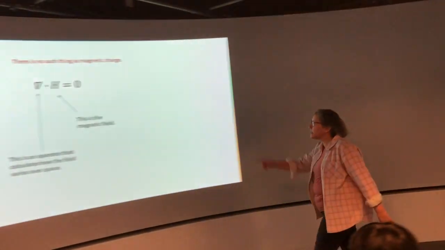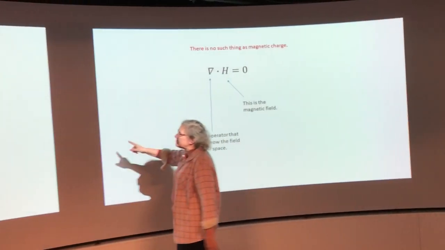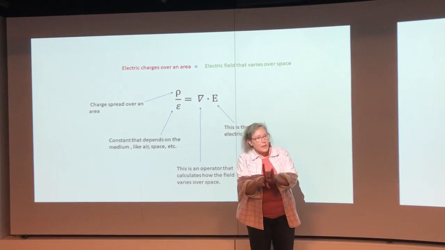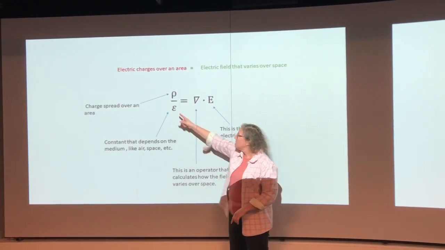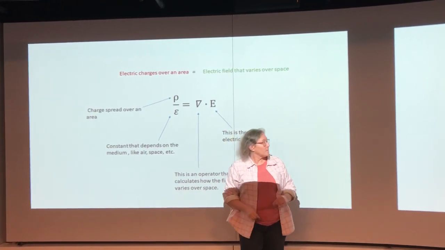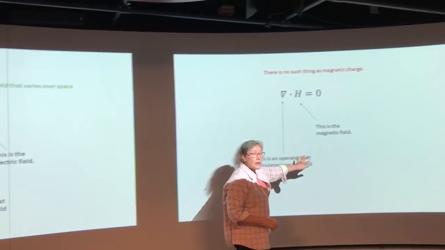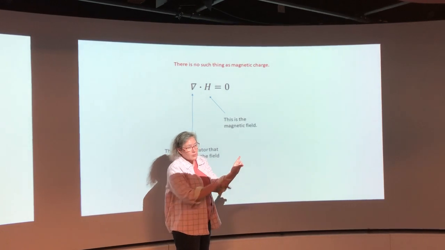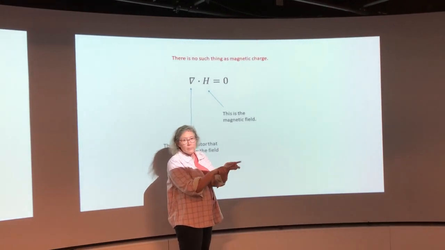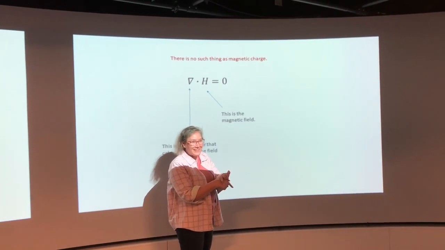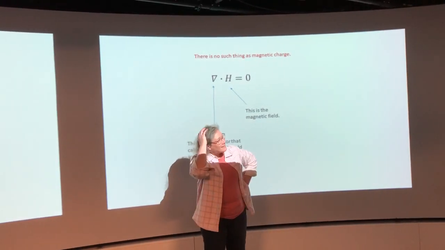So when we're taking del dot something, we sum those three types of variations, and it gives you a charge spread out over the area. Or in this case, the three types of variations are going to have to sum to 0. So if one of them is varying this way and the other is varying that way, all the components end up having to sum to 0. If that makes sense. All right, that's not that complicated.